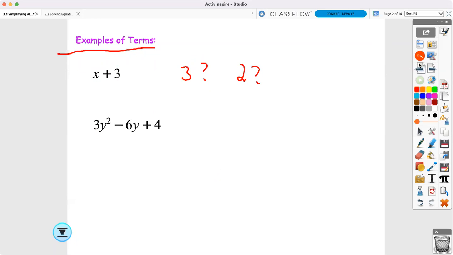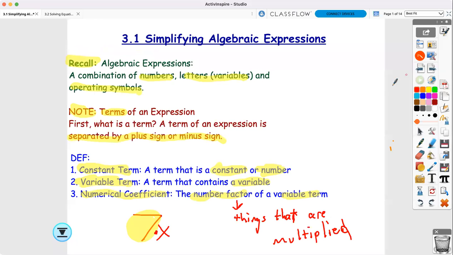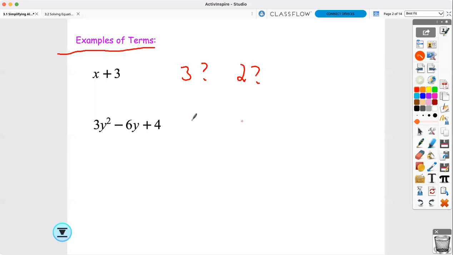For you to justify your answer, you need to remember what a term is, right? A term is what, guys? They're separated by plus signs and minus signs. So there's one plus sign. So let's look at the terms. This is a term and that's a term. How many terms is it? 2 or 3? 2. And it makes sense why.